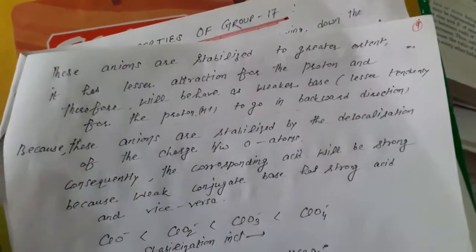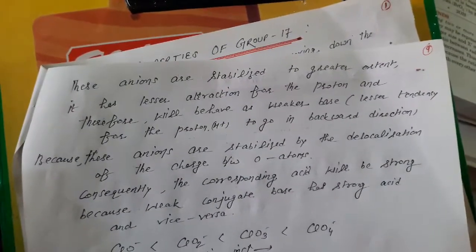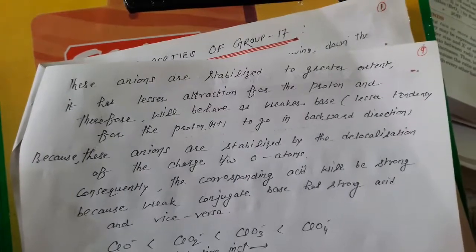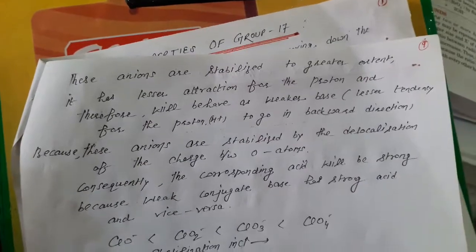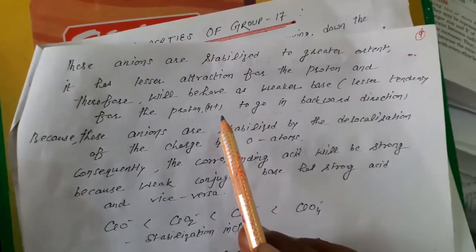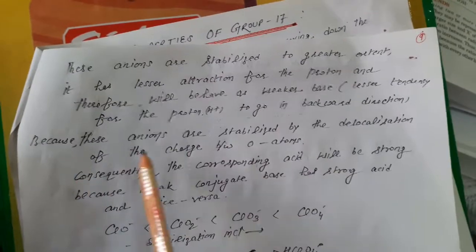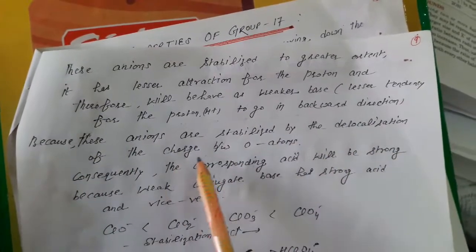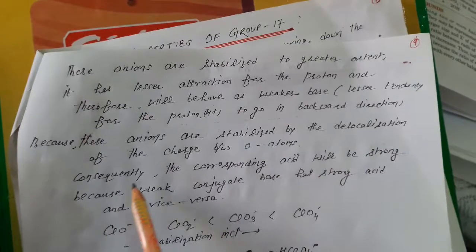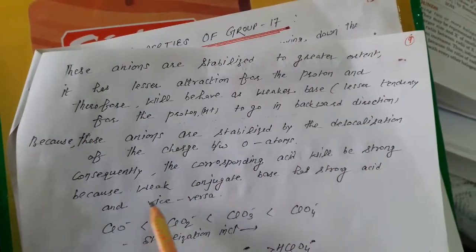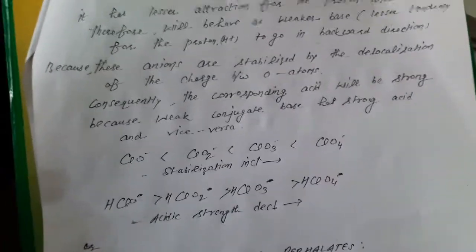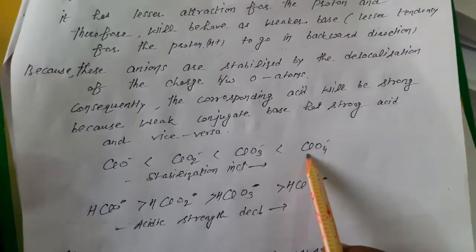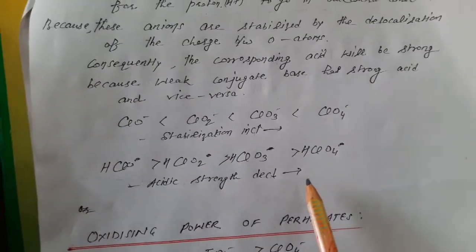Gaining of hydrogen, that means proton accepting, and a proton acceptor we say is a base, and the losing hydrogen tendency we say is an acid. Because these anions are stabilized by the delocalization of the charge between the oxygen atoms, the corresponding acid will be strong, because a weak conjugate base means a strong acid and vice versa. So that has a relation with the stabilization. So this ion is more stable, and the acidic strength decreases.